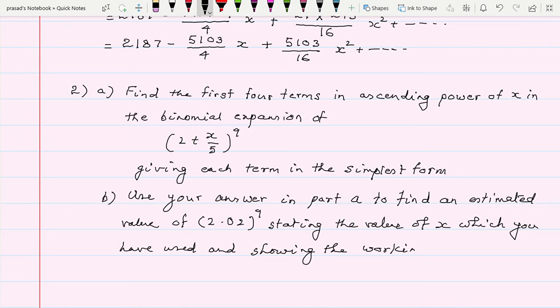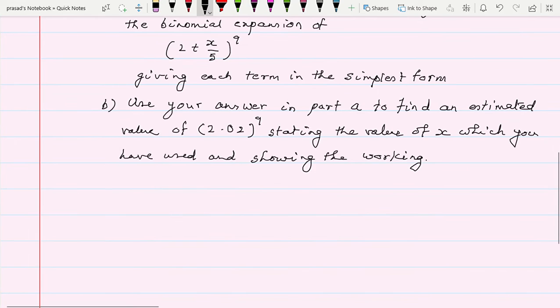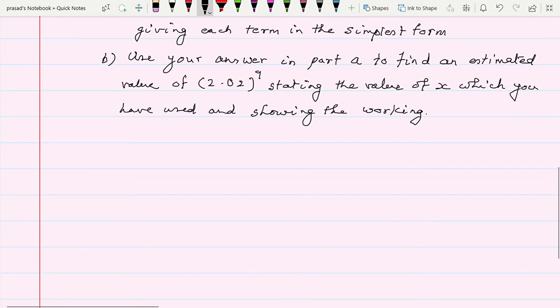So come to the first part here. You have to write the expansion of 2 plus x upon 5 to power 9. Now here your a is 2 and b is x upon 5. So what will be the first term? 2 to power 9.